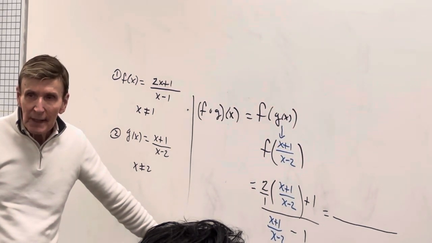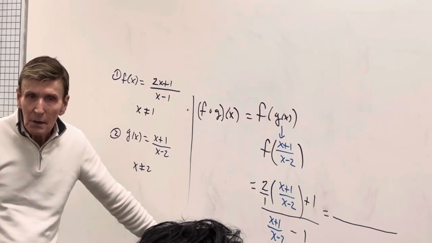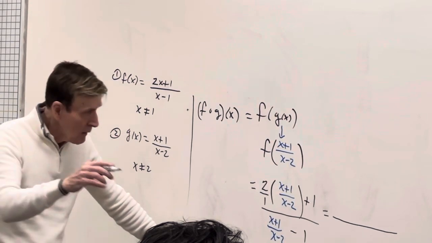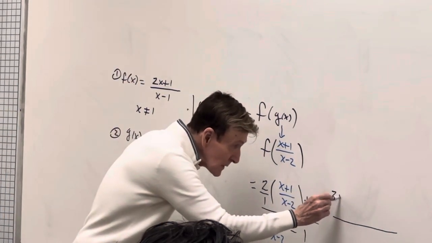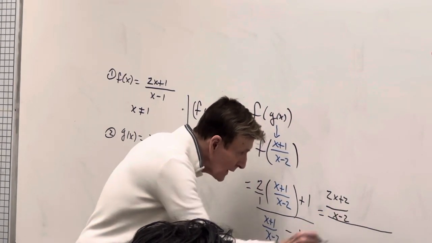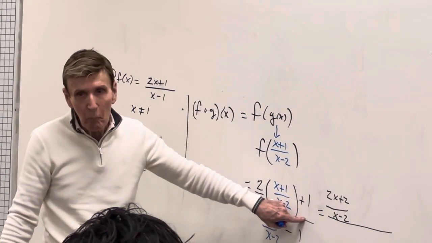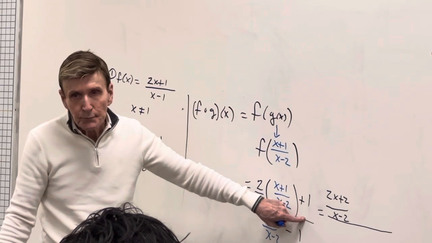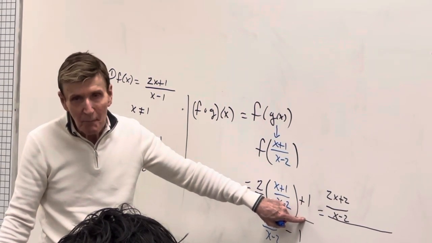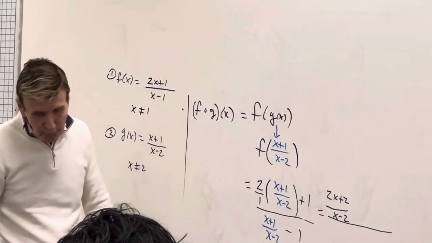Could we make it 2x plus 2 over x minus 2? Hang on now, I'm making 2x plus 2, I love that, over x minus 2, absolutely. Then we're going to do that plus 1. What are you going to do?